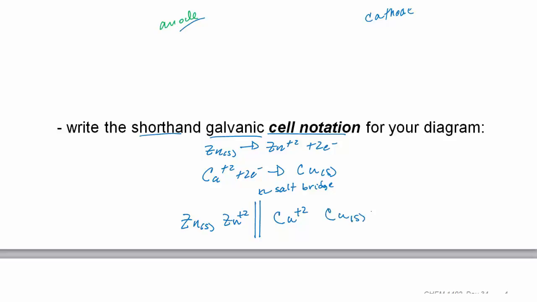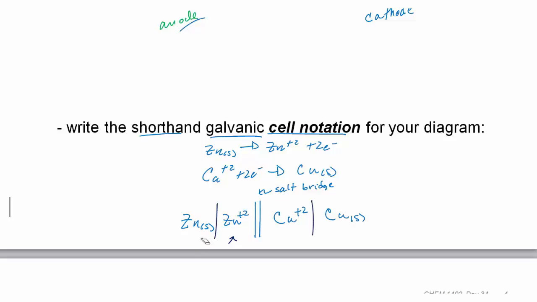Okay, there's just one thing left. If these two are in different phases, you're supposed to draw a vertical line. So if they're both solids, you don't draw a vertical line, just put a comma or something. But this one's a solid, the other one's an ion, so vertical line. Again, one's an ion, one's a solid, vertical line.